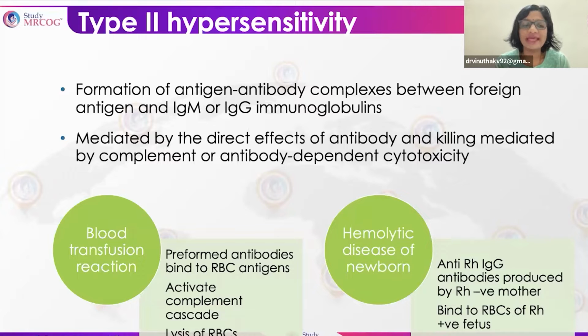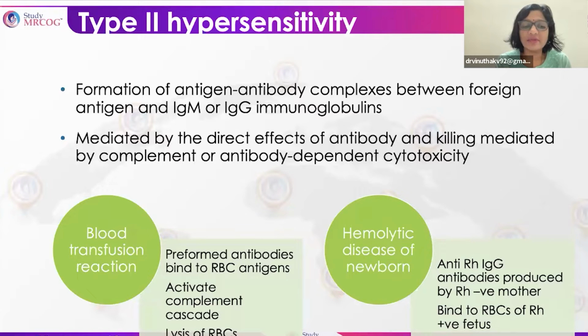If you look at the examples, blood transfusion reactions and hemolytic disease of the newborn are the most important. What happens in a blood transfusion reaction? The preformed antibodies bind to RBC antigen and activate the complement system, leading to lysis of RBCs.